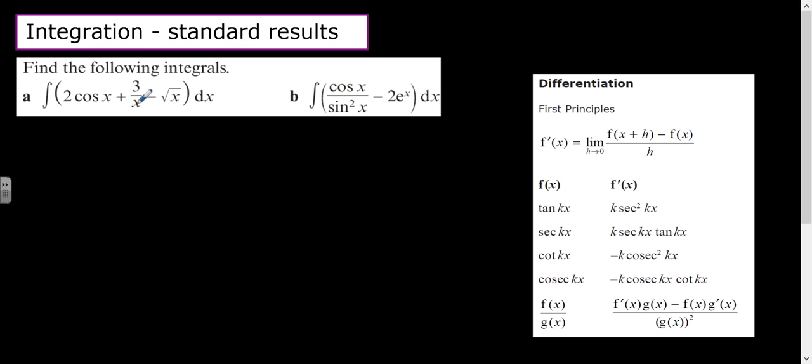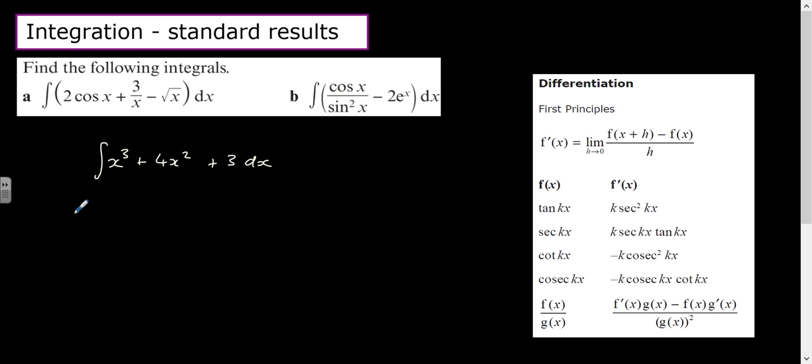Now, we know that when we integrate a function, and say for example, and this is just an example, I asked you to integrate x cubed plus 4x squared plus 3 with respect to x. You integrate each term in turn, don't you? You do x cubed, you add 1 to the power, you divide by the new power. You look at 4x squared as a separate thing, you add 1 to the power, you divide by the new power.